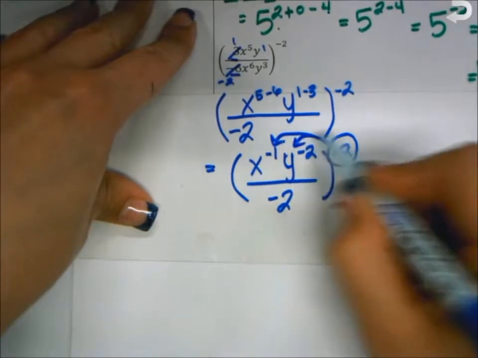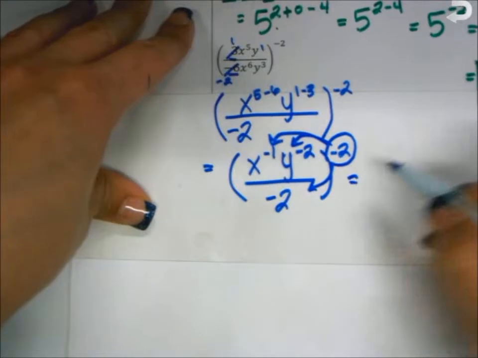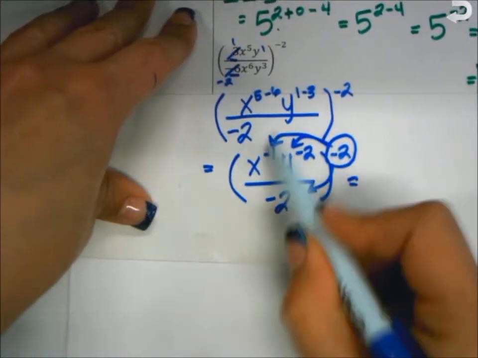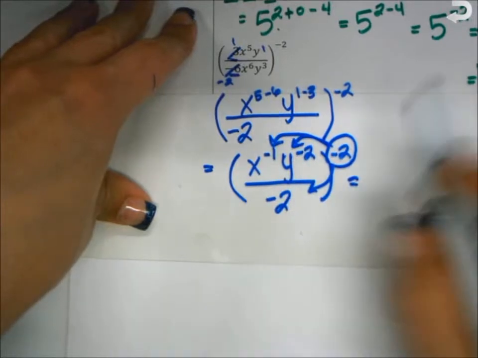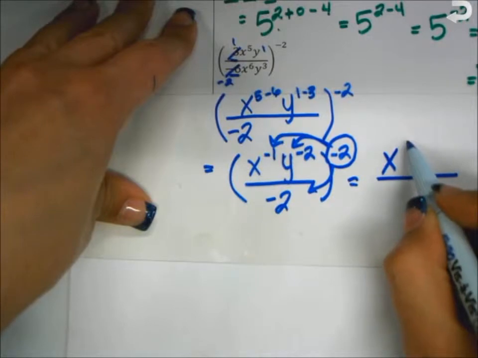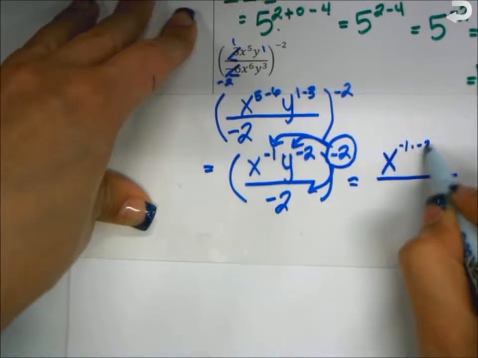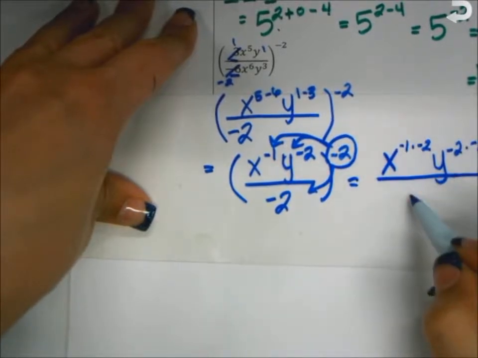So I distribute that power of negative 2 to everything inside the parentheses, and in my numerator I'm going to get x to the negative 1 times negative 2, y to the negative 2 times negative 2. And in my denominator, I have negative 2, and we need to keep it in parentheses, to the negative second power.